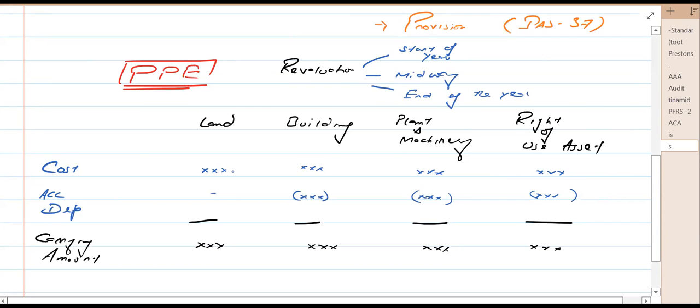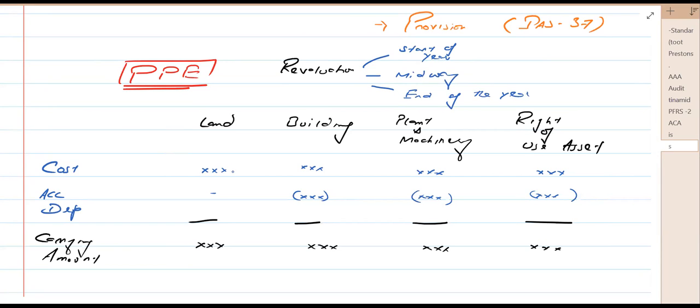These are the three things you need to see, because this carrying amount, which you have calculated from the trial balance, is the carrying amount at the start of the year.